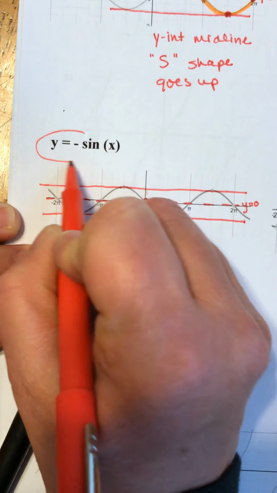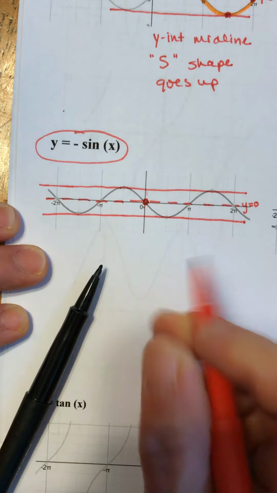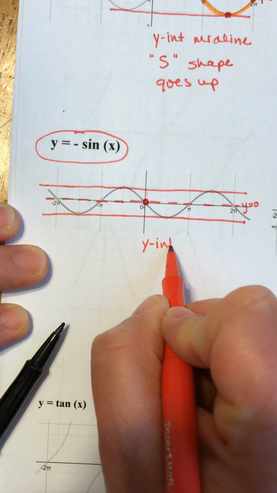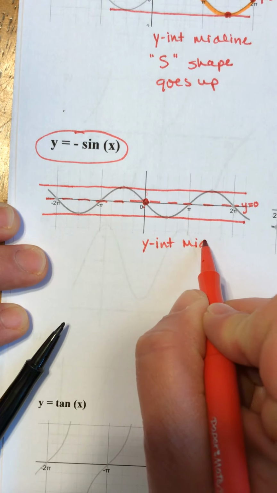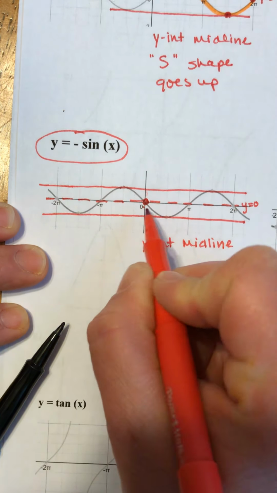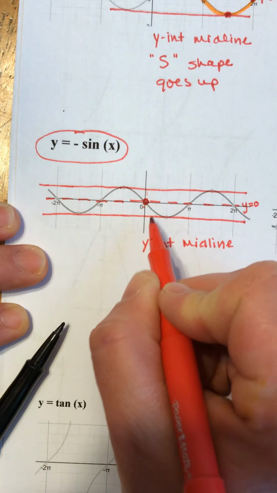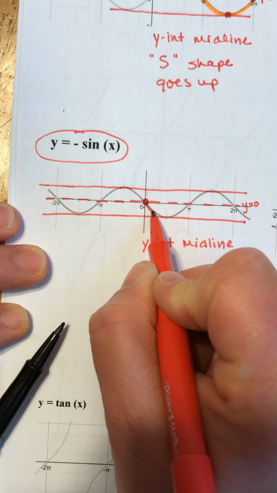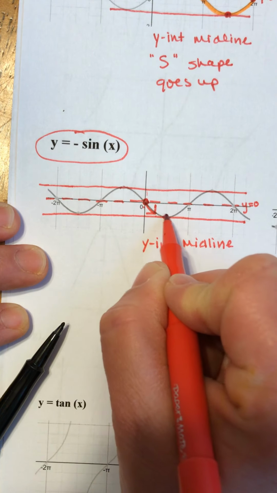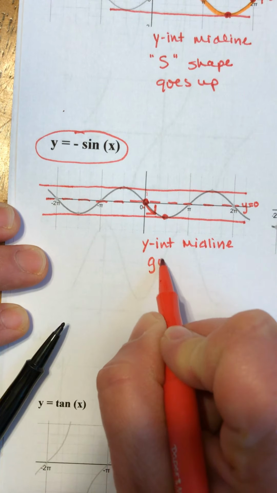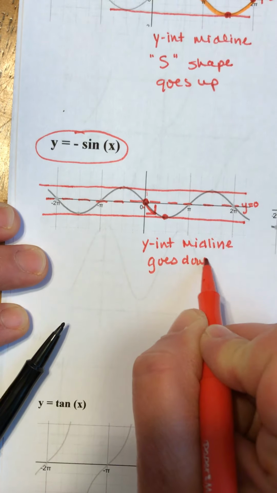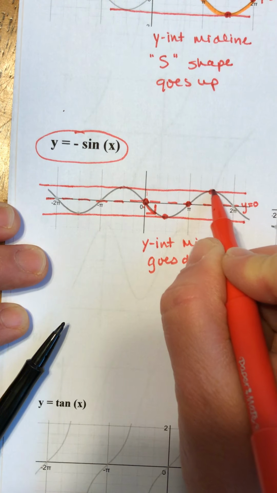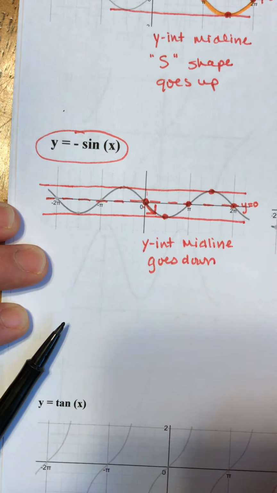So we're talking about the graph of y equals negative sine x now, and it has a y-intercept at the midline. From this y-intercept, we have the 5 key points. There's the first one. It goes down from the midline to the next one, then goes back up to the x-axis, goes to the maximum, and then ends at 2 pi.